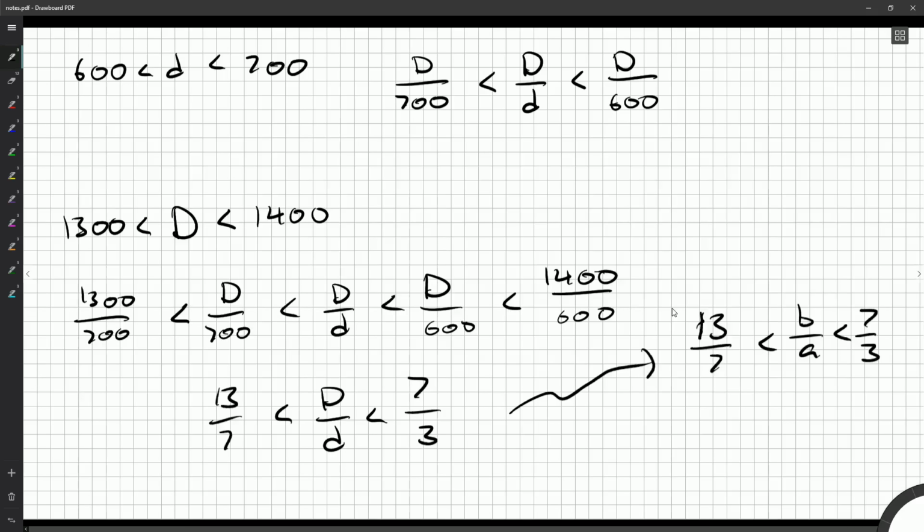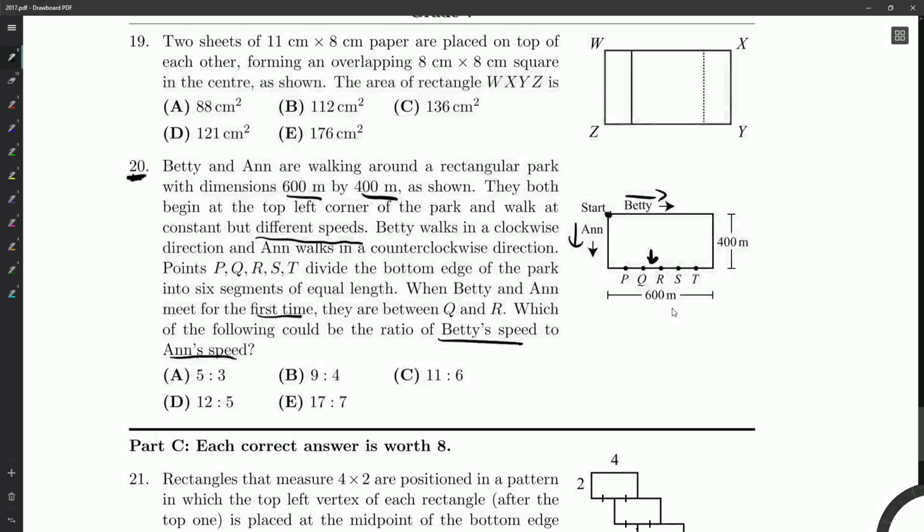So we're presented in the question with a number of possibilities: 5 to 3, 9 to 4, 11 to 6, 12 to 5, 17 to 7. All of these are our possible fractions. 5 over 3, and the last one was 17 over 7.